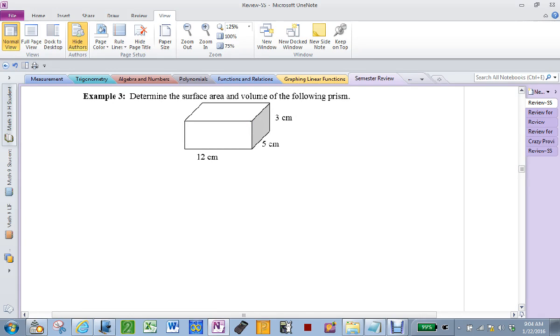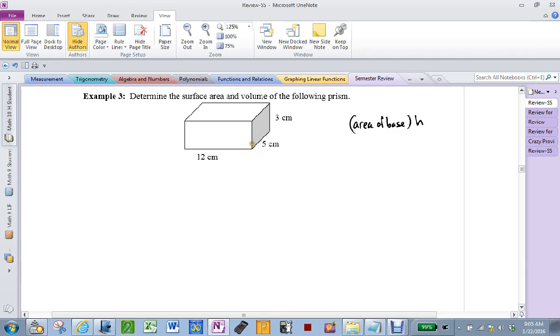Volume, guys. Listen to me. Almost every shape has a formula for volume. Most of you are memorizing the formulas. I cannot stress this enough. Every volume is the area of the base times the height.